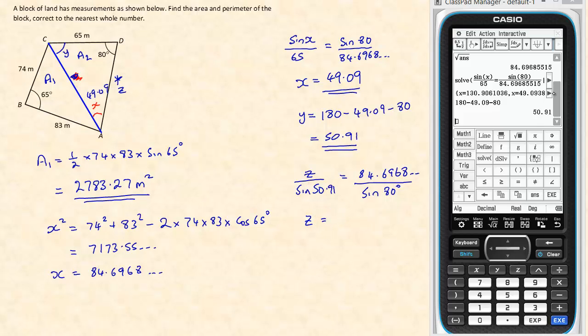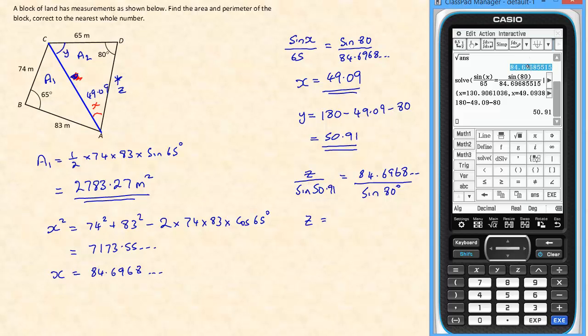So Z's going to be, I'm just going to calculate this, that 84.6968 multiplied by sine of 50.91, and then we'll divide the result of that by sine 80.